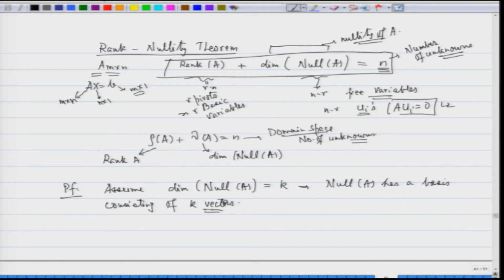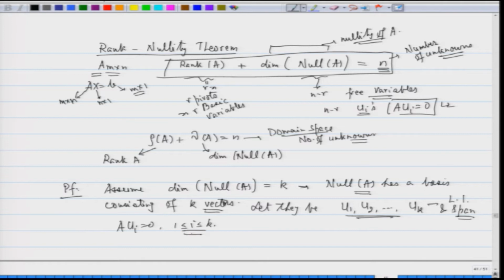Important: the null space of A has a basis consisting of k vectors. Let them be u1, u2, ..., uk. I am saying that they are a basis, it means they are linearly independent and they span. Both things are true. So, what we are saying is A of u_i is 0 for 1 less than or equal to i less than or equal to k.